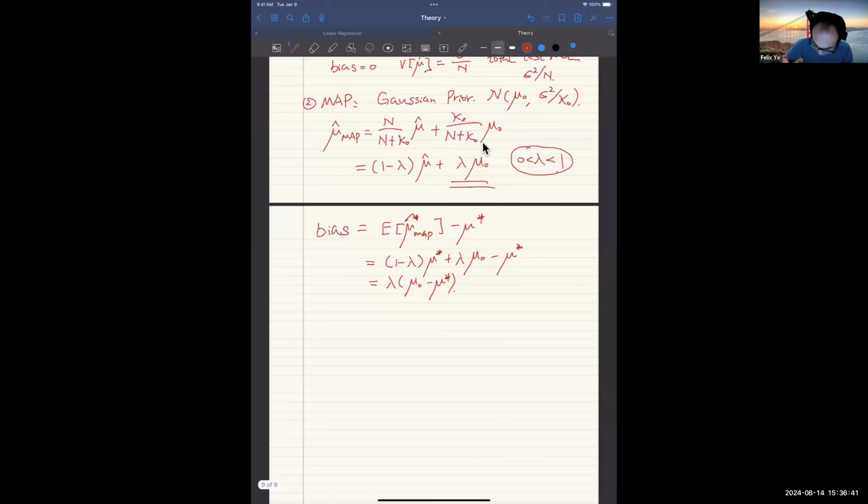Then the variance of the MAP estimator is equal to 1 minus lambda squared times sigma squared over n.